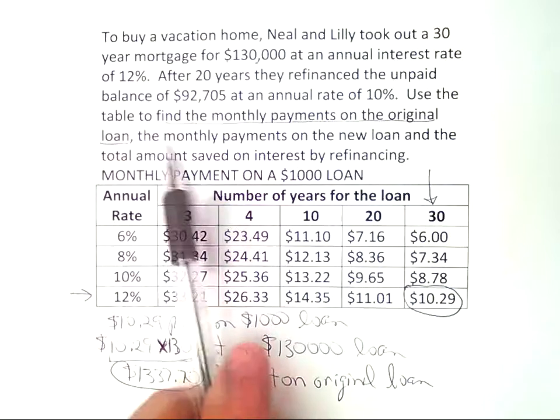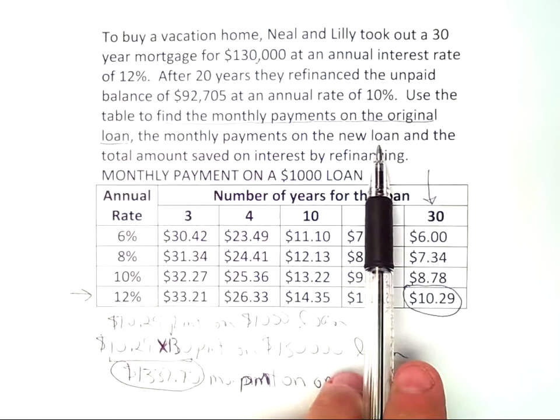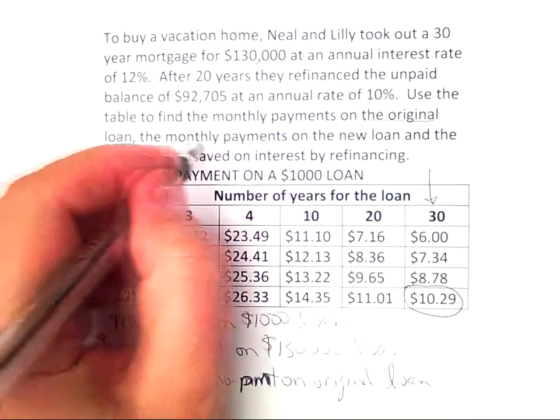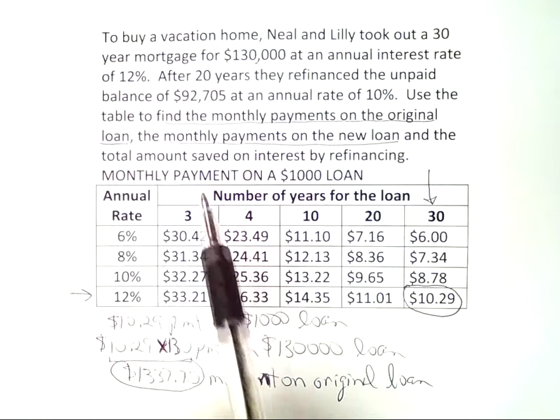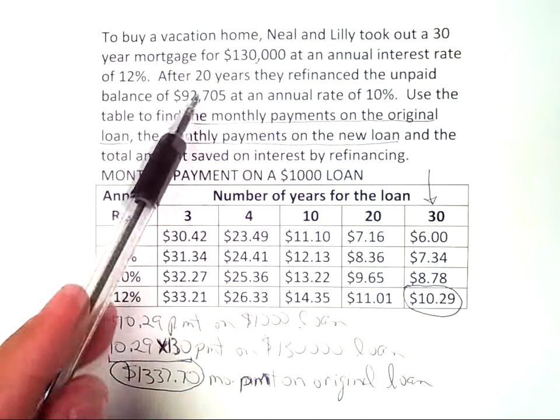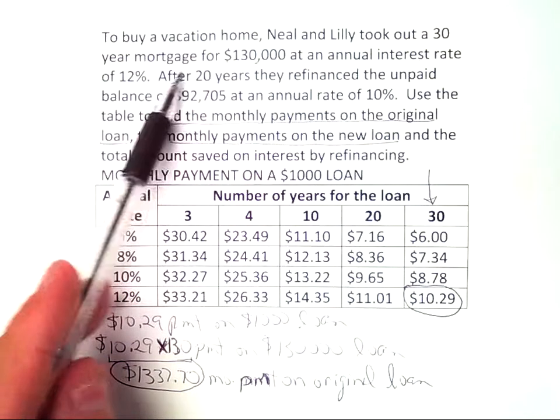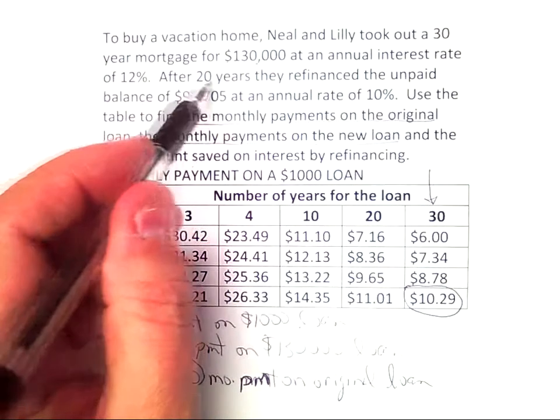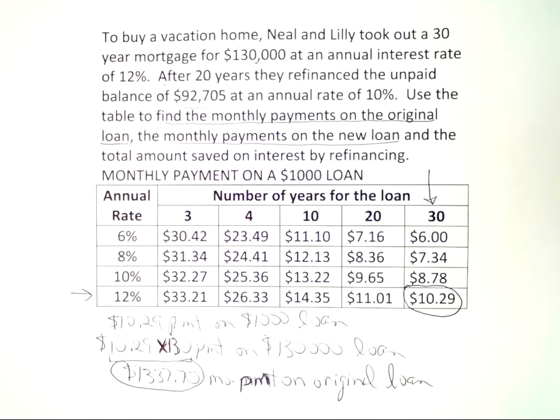What next? Next they said find the monthly payments on the new loan. Okay, what's the new loan? Well, the original loan ran for 20 years, and when they finished it out, they still owed $92,705.